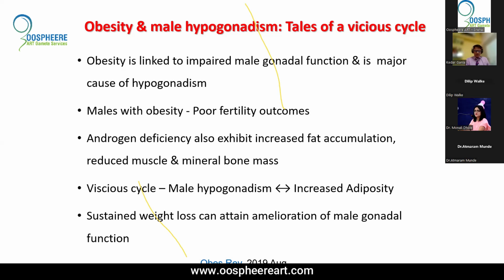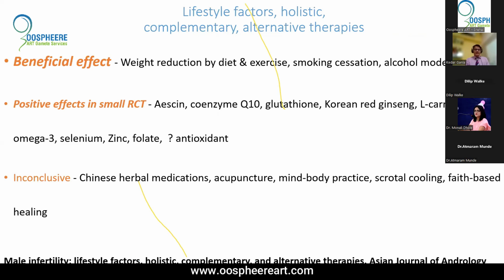Both the thighs are touching, so heat is produced, and because of peripheral aromatization, there is low estrogen and low FSH, so they go into male hypogonadism, which is a cause of infertility, and also they have low sex drive.